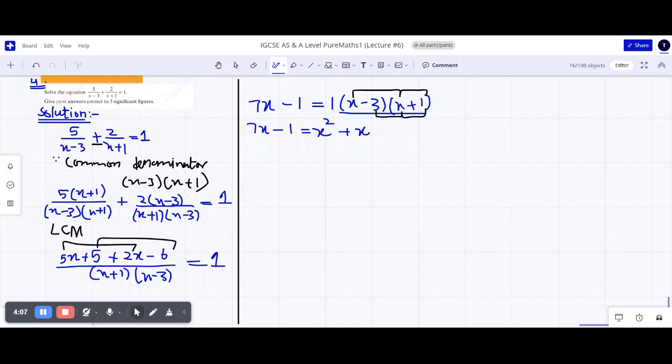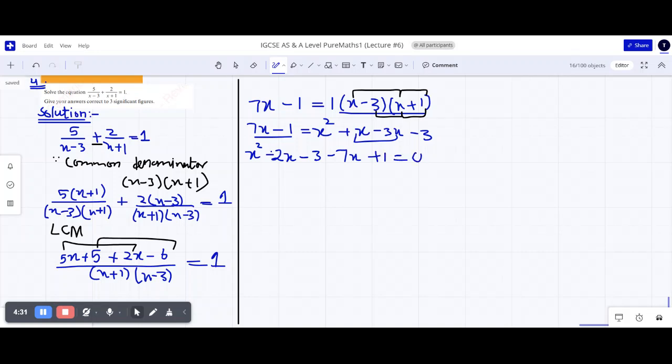So we write x, then minus 3x and minus 3. Now we will shift these two values to the other side of the equals. So it would be x squared plus x minus 3x, which is minus 2x, minus 3, equals 7x plus 1.